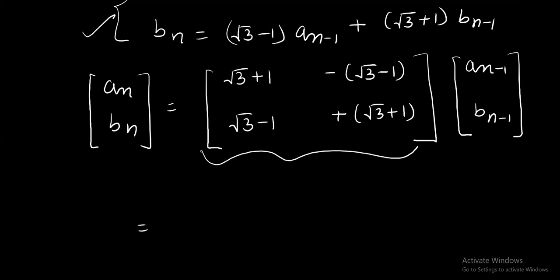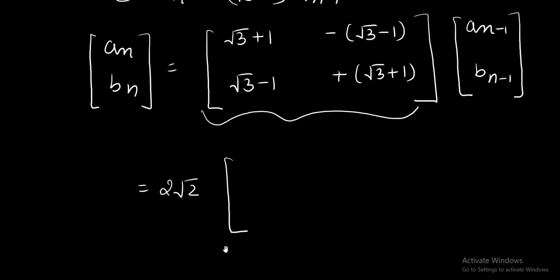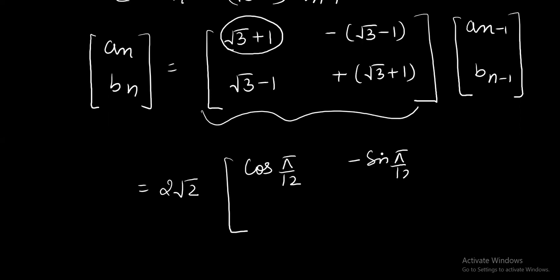After dividing, the very first row, first column term will become root 3 plus 1 by 2 root 2, which you can write as cos pi by 12, right? Root 3 plus 1 by 2 root 2 is the value of cos pi by 12. So I represented the value in the form of cos. Similarly, minus of root 3 minus 1 by 2 root 2 will give me minus sin pi by 12, correct? Similarly, this will become sin pi by 12 and this value will become cos pi by 12.